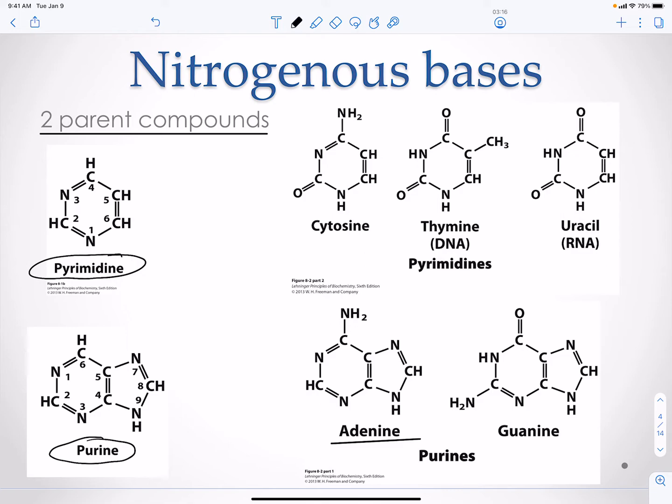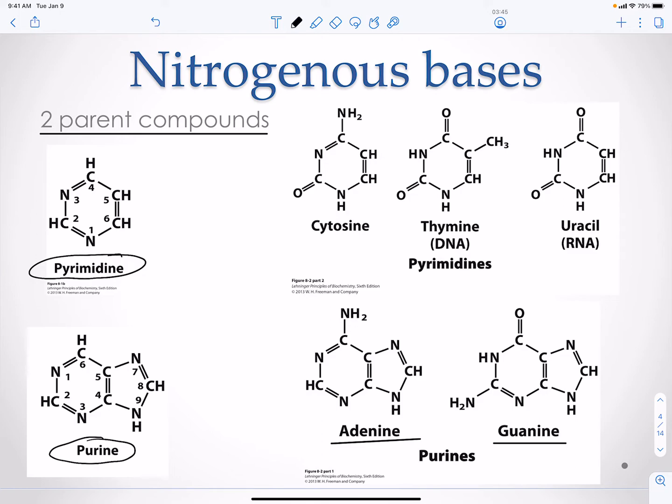So it is adenine with its 2-ring structure that is going to be part of most of our energy requiring reactions in our bodies. Guanine is a 2-ring structure also. It's another purine. And guanine is another nitrogen base that is part of energy. So we have a lot of reactions that require G proteins. And so that requires GTP, which is going to be guanine.